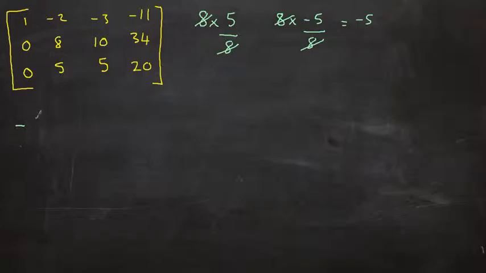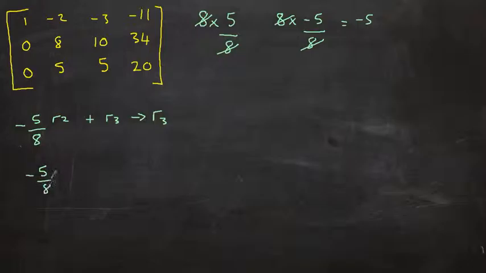So we're going to do minus 5/8 times row 2, then we're going to add that to the current row 3 and put the answer as the new row 3.